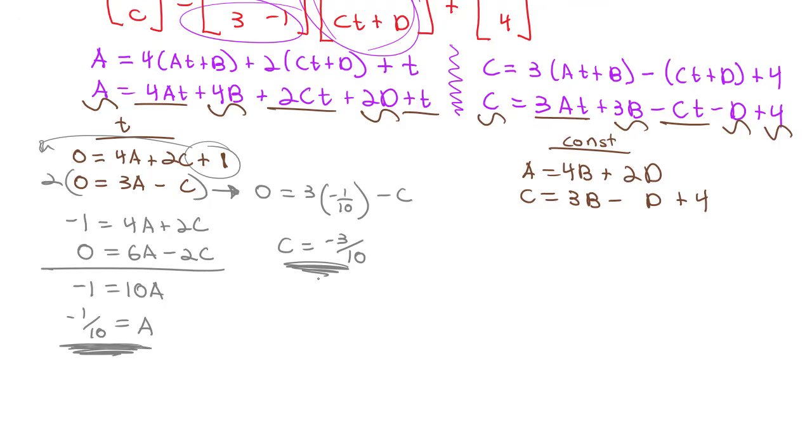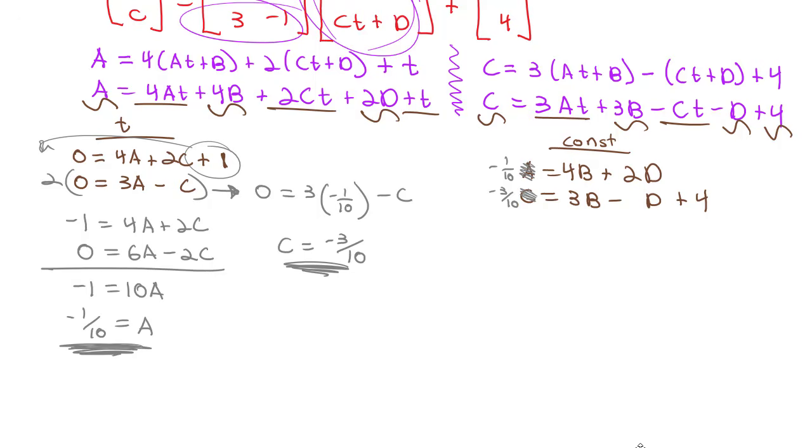And we've got our c. That's going to be helpful because now I know a is equal to negative 1/10 and c is negative 3/10. So now I know what these equations equal on the right side, and I have two equations and two unknowns.